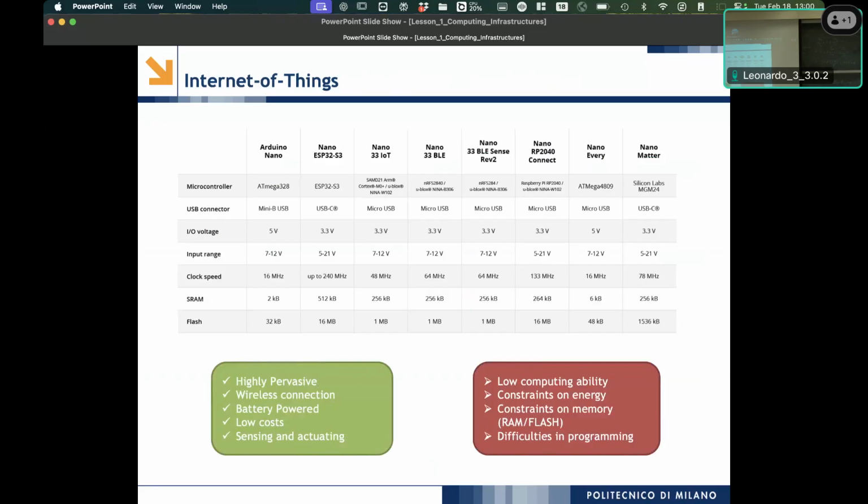If you move to another vendor, you have another development toolkit with a different way to develop applications. So it's more difficult, and of course the portability of the application is much more difficult, because whenever you develop something for one device, it's not easy to move that software to another device. These are the constraints you have here.